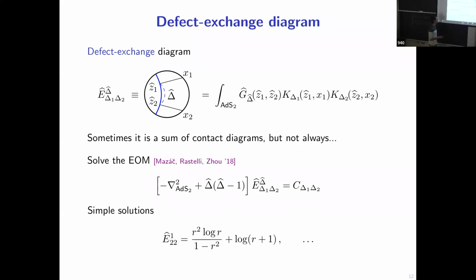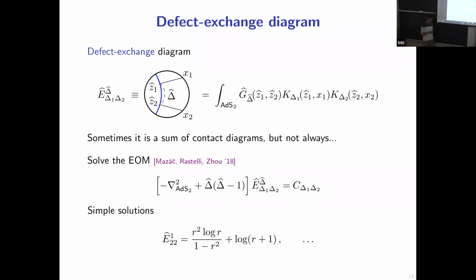You're absolutely right. To make it more precise, this would be the Casimir of the conformal group, and this Casimir has a certain form in terms of x1, x2. So yes, this notation is confusing. Thanks.